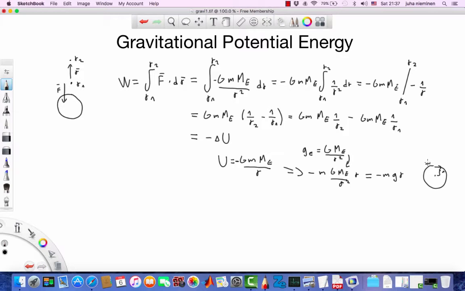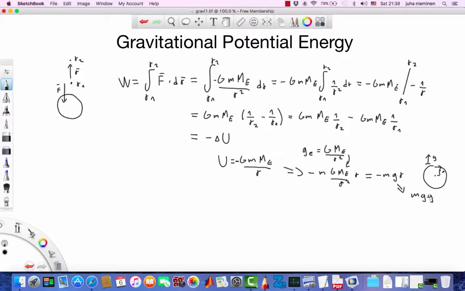And after that, because potential energy increases as a function of y, we came to this formulation that gravitational potential energy would be mgy, zero level being at the surface of the Earth.